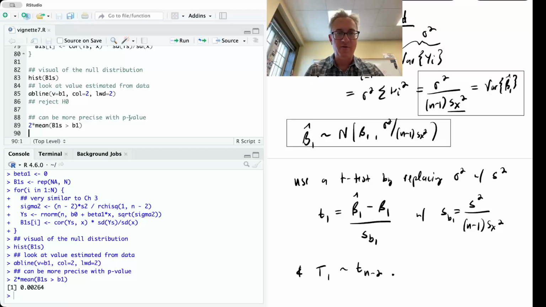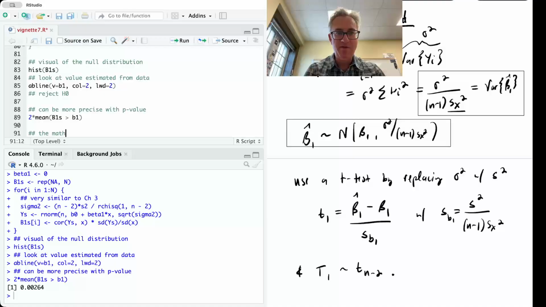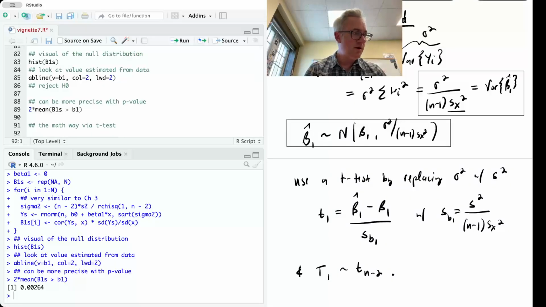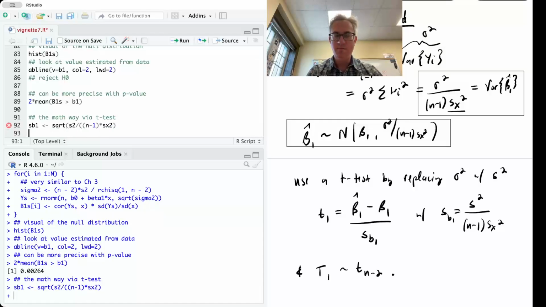So if I go back over to R, the math way via t-test, I have SB1, which is s squared, or rather, we better take the square root because a standard error is always the square root of the variance, divided by (n minus 1) times s_x squared.